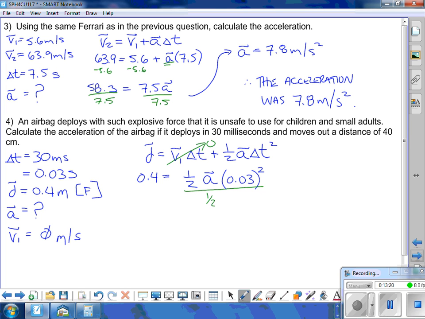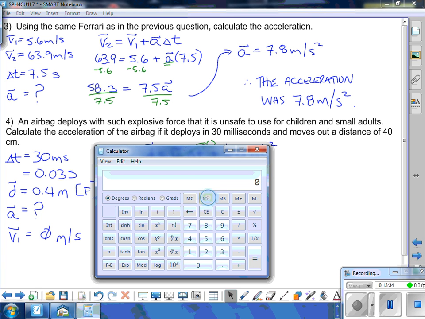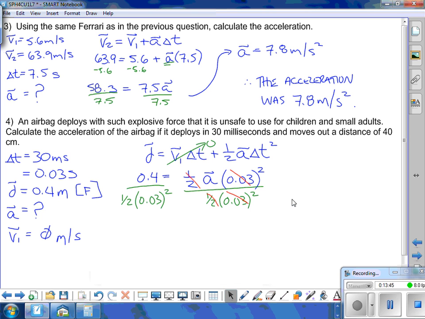So the opposite would be to divide both sides by those values. 1/2, inverse operation. So then the A will be by itself. Using the calculator, we have 0.4 divided by bracket 0.5 times 0.03 squared equals 888.9. 888.9 meters per second squared.